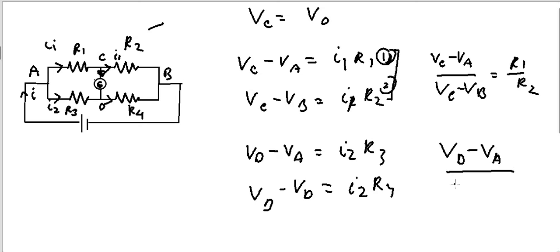divided by VB minus VD is equal to R3 by R4.